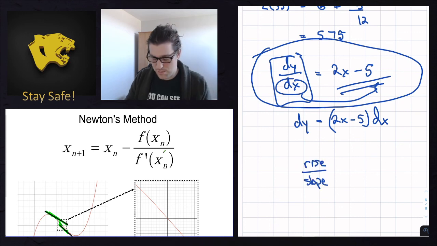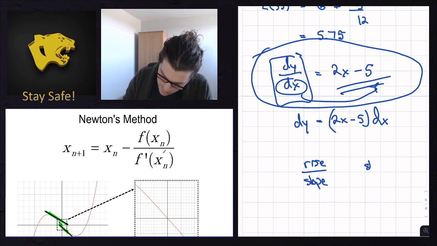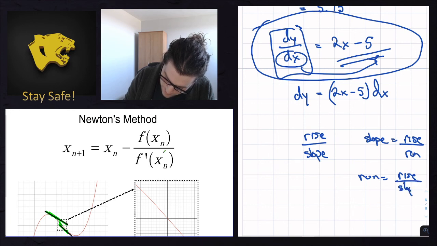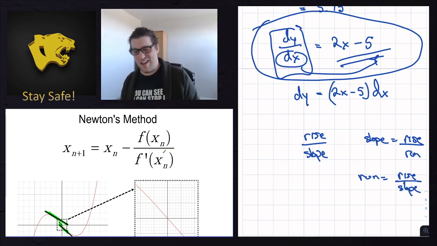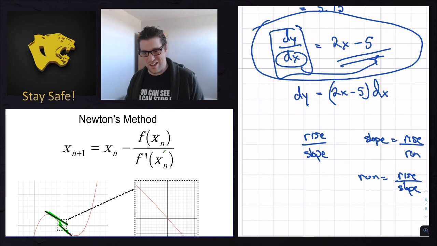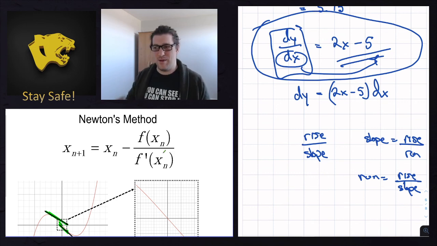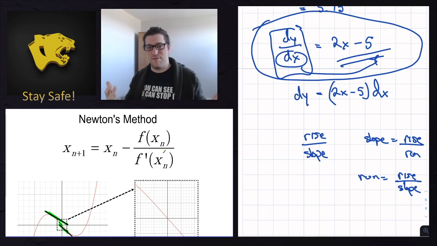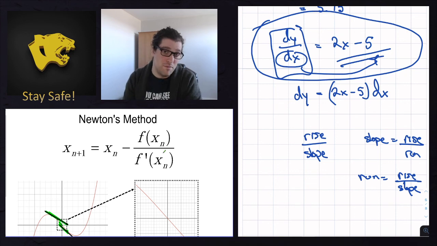And we know that slope is equal to rise over run, so if we rearrange this equation, run is equal to rise over the slope. So what we're doing is taking our x value and subtracting the run of where the linearization would take us, and we get a new x value, and that new x value is going to be hopefully closer.